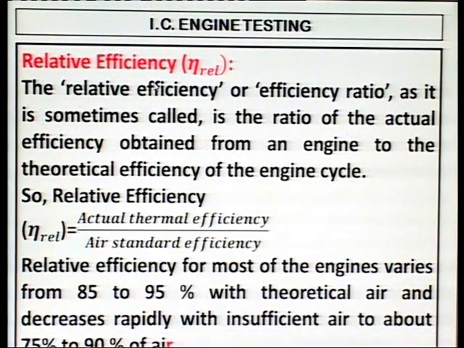Relative efficiency. The relative efficiency, or efficiency ratio as it is sometimes called, is the ratio of the actual efficiency obtained from an engine to the theoretical efficiency of the engine cycle. So, relative efficiency is equal to actual thermal efficiency divided by air standard efficiency.